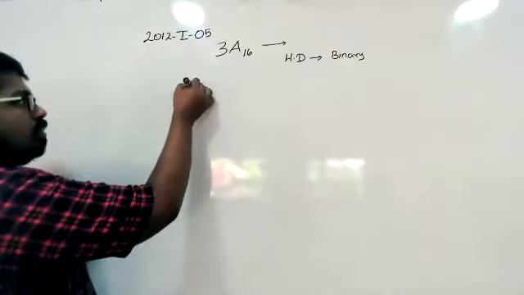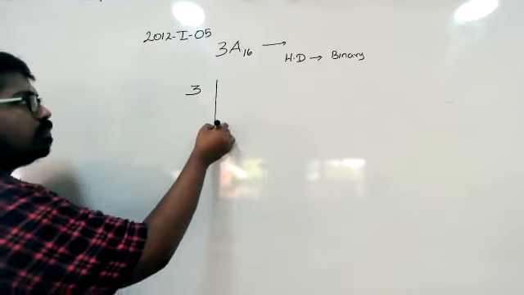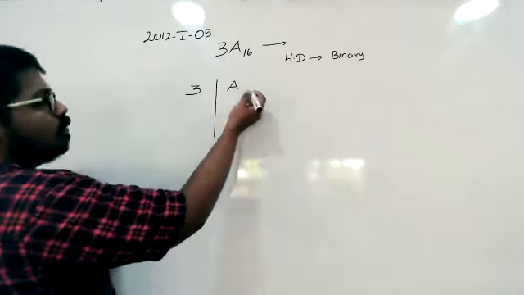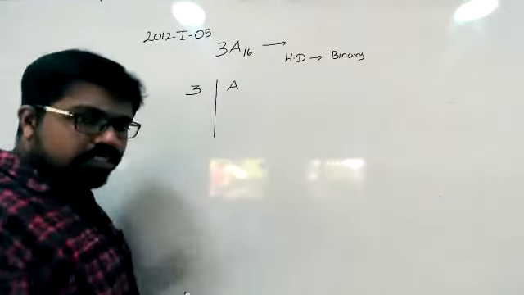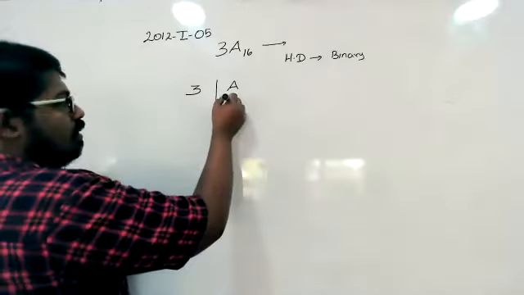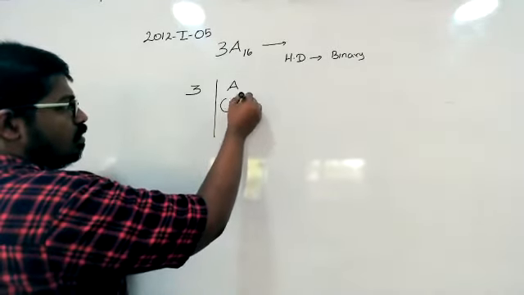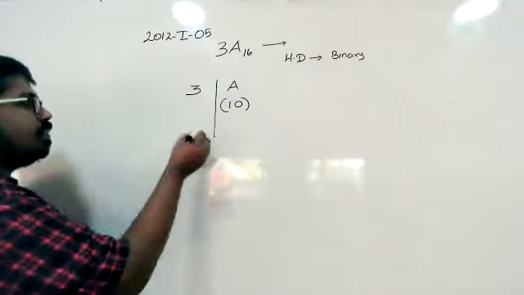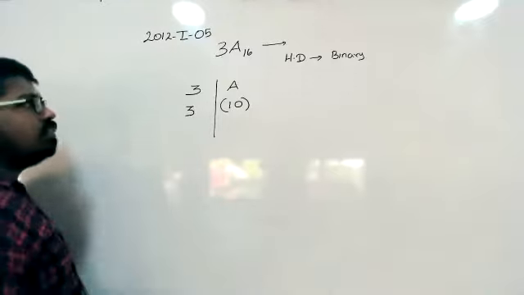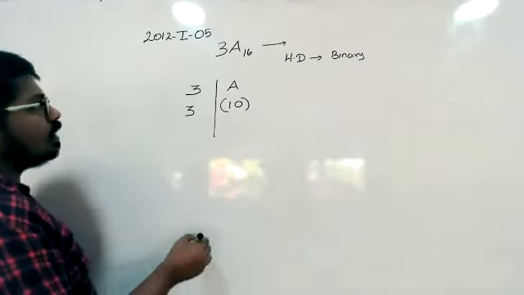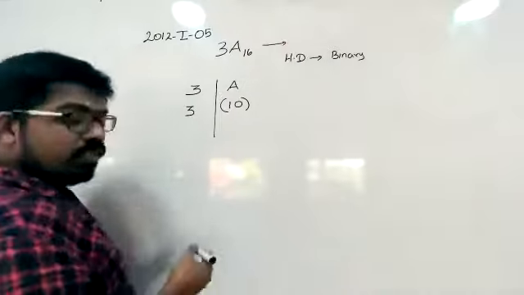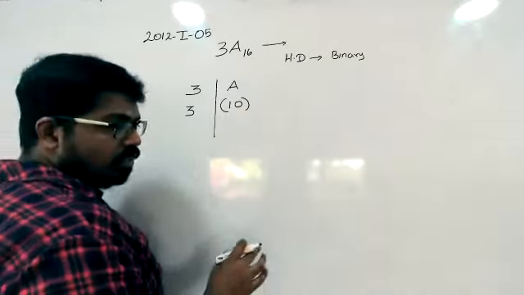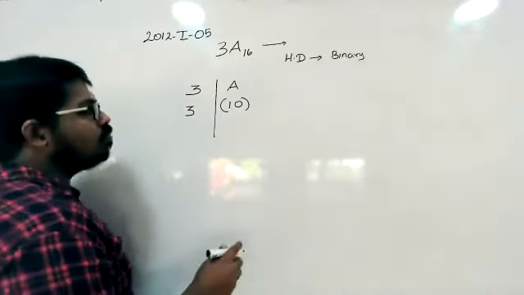So you have to write the digit 3 separately, A separately. Before you perform the conversion, you have to get the decimal number equivalent of A. A will be 10 and this is 3. When you convert the hexadecimal number into a binary number, we have to make each and every digit in 4-digit binary format.